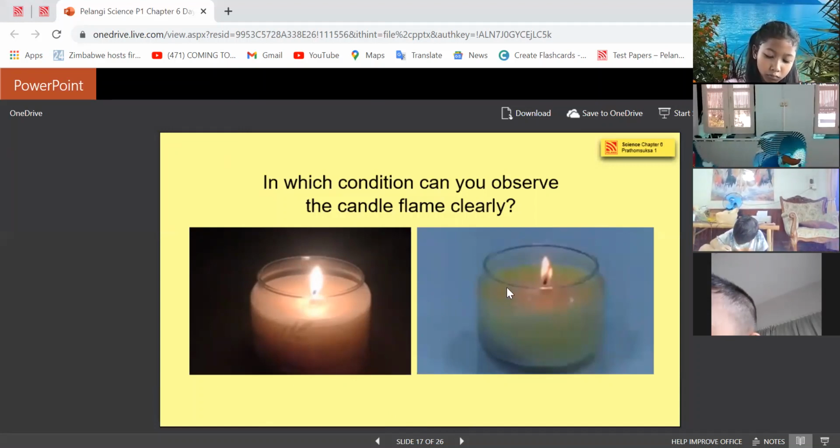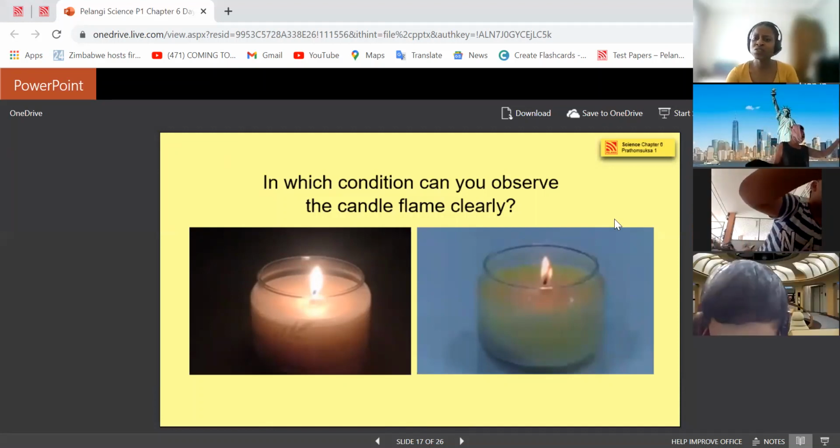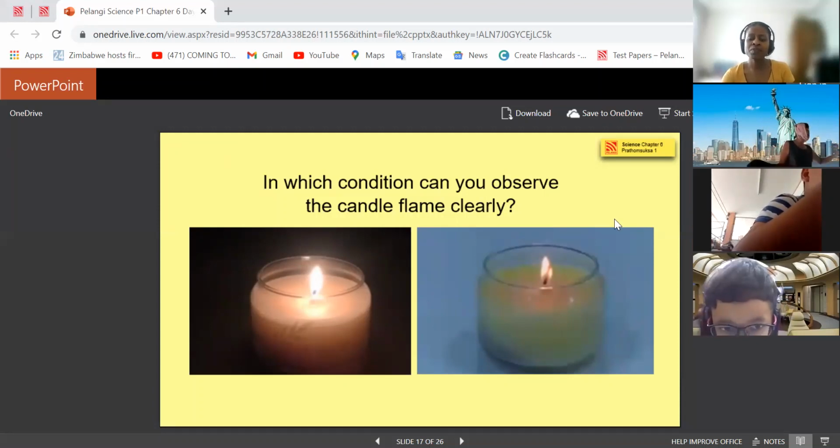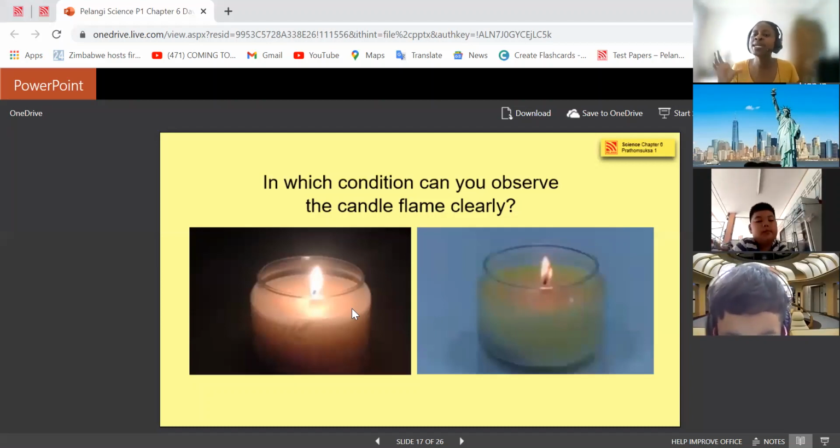If you look at the second picture, the candle is not very bright. But in the first one, the candle is very bright. Why? Because the room is dark. But in the second one, we cannot see the candle clearly because the room has light.